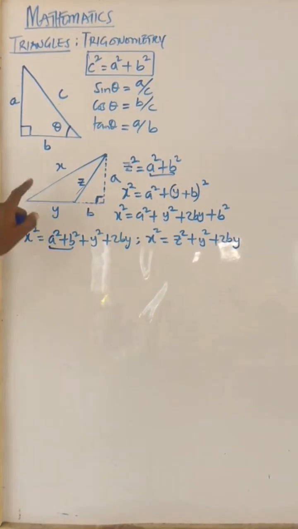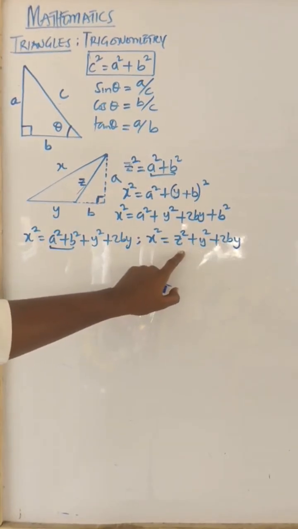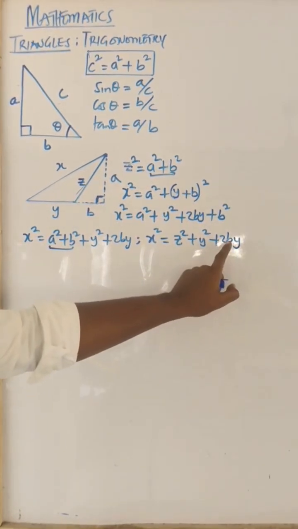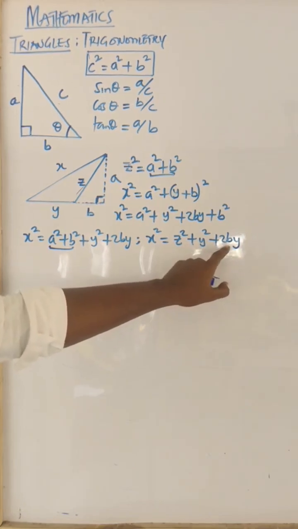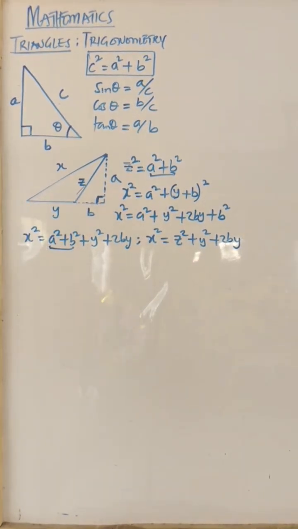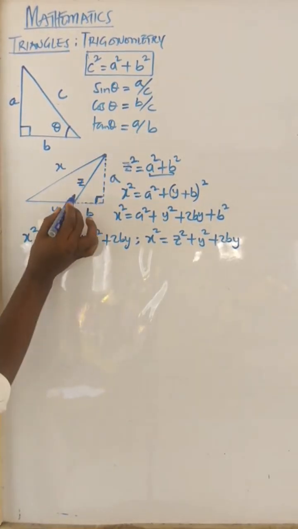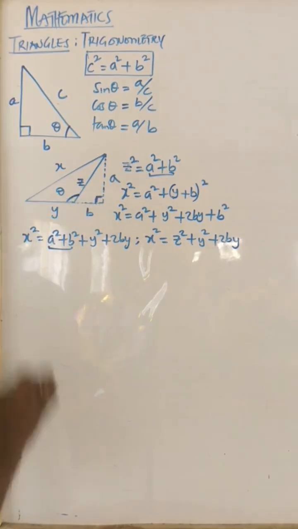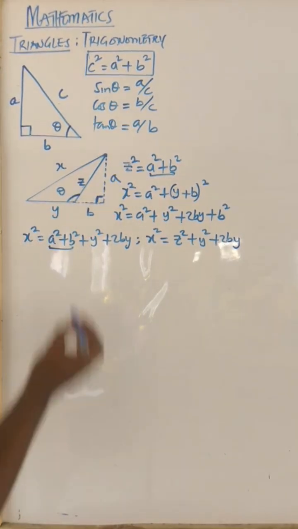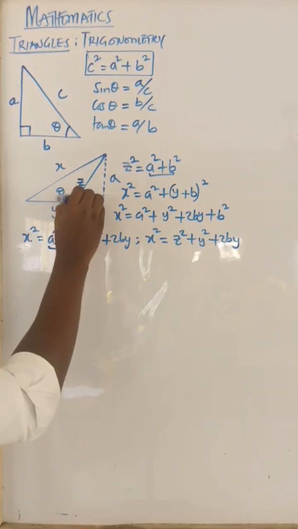Now, our aim is to know the connection between X, Y, Z, but there's still B here. We have to eliminate this B. How? Let's come up to this shape. Suppose this angle is theta, and let's call this angle here alpha.